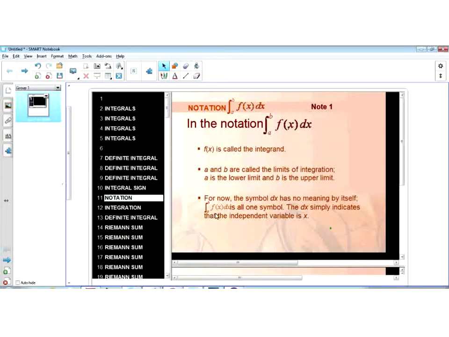And dx has no meaning by itself. Later on you'll be able to interpret dx as essentially being differential x, which is the width of your rectangle. Basically that's what that means.